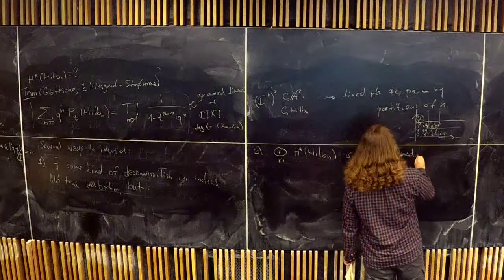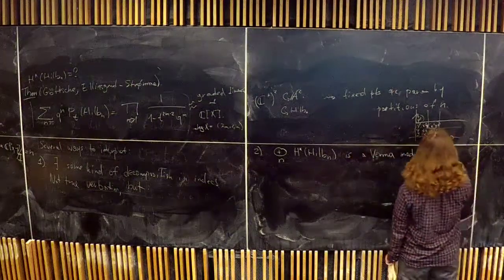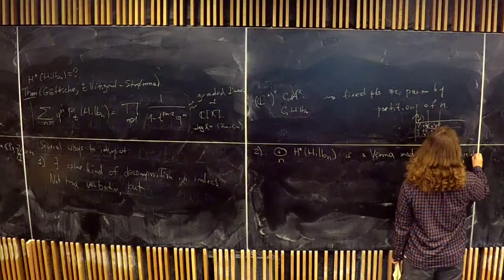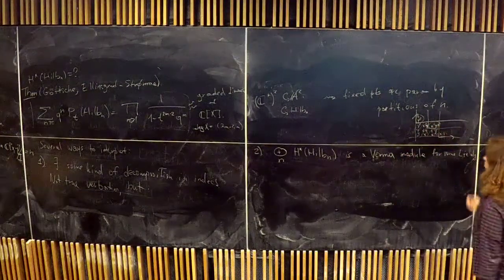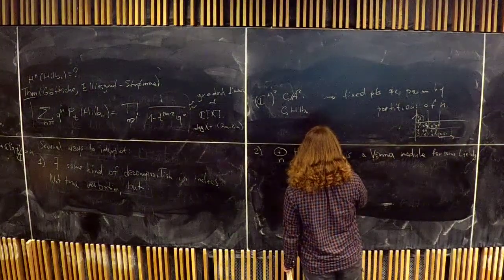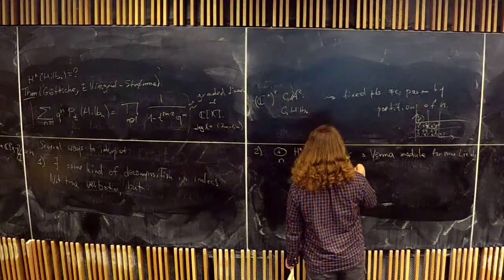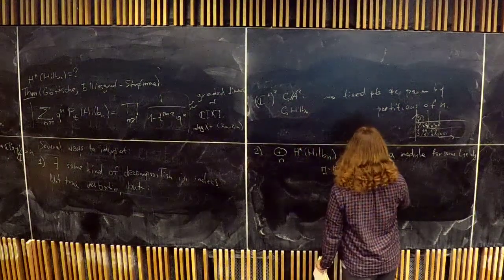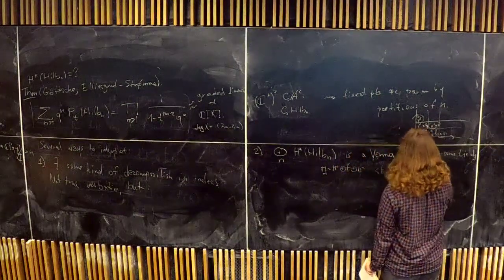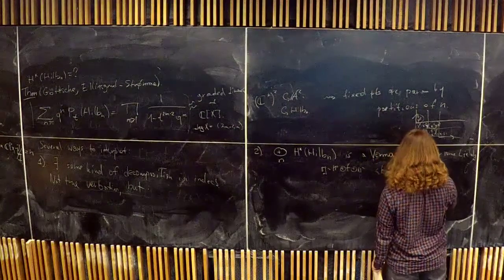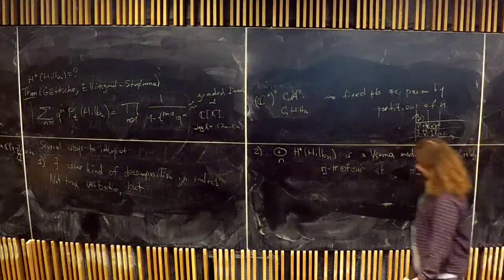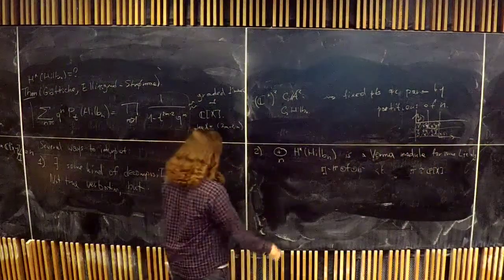So another interpretation would be that this is a Verma module for some Lie algebra g equal to n plus, h, n minus, such that the graded dimension of n minus is isomorphic to polynomials in a variable. And this approach can be made really precise.